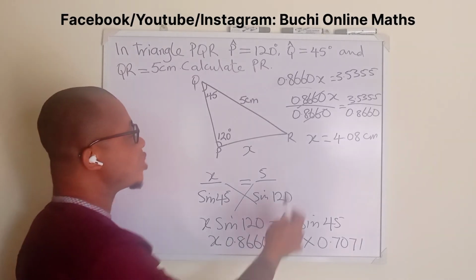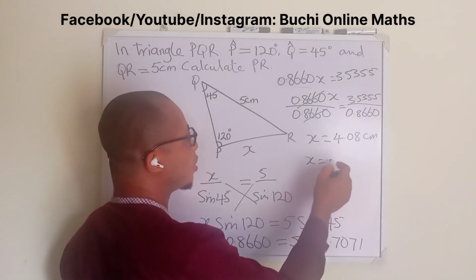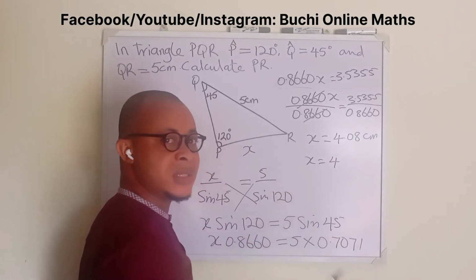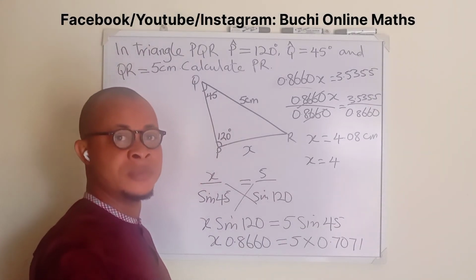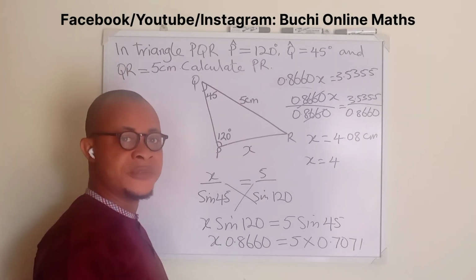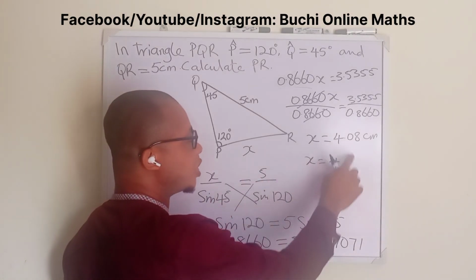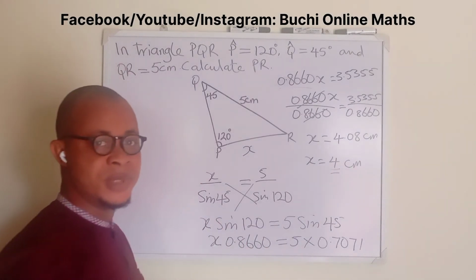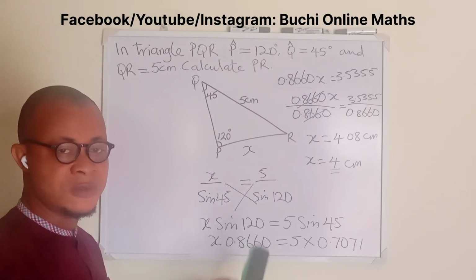So to turn this to one whole number, X equals 4, because the next number is not up to 5, we count it as 0. If it is from 0 to 4, we count it as 0. But if it is from 5 and above, we count it as 1. So here we are going to call it 0, and the answer is going to give us 4 centimeters. Right. So this is the answer to this question.